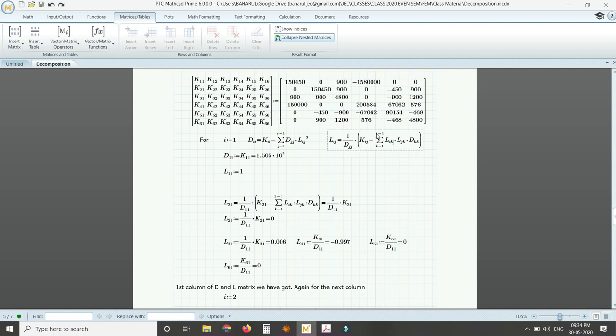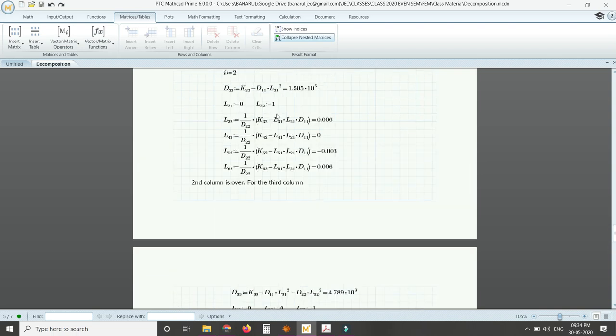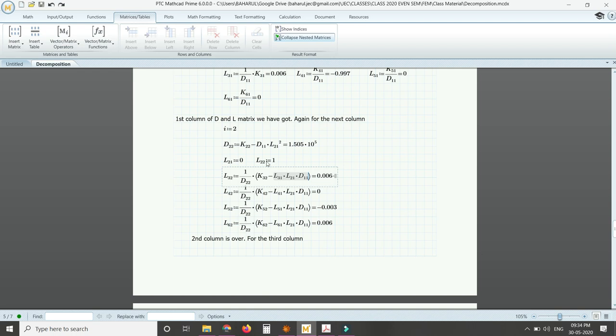Here J is 2, so it is 1 to 1, so only one term will come up: L32, d22, L31, L21. These values we have already calculated. So we can find L32, L42, L52, L62, and this will give you the second column.